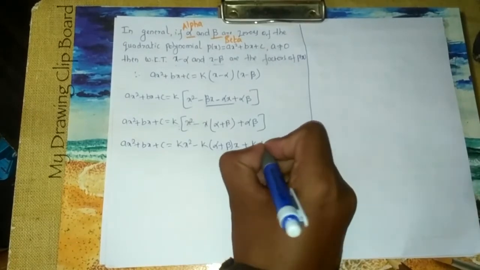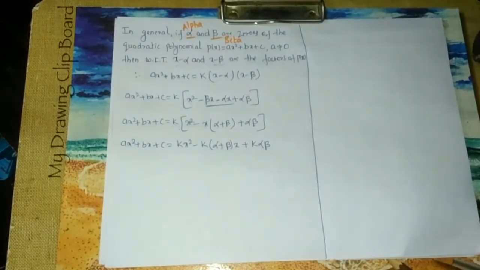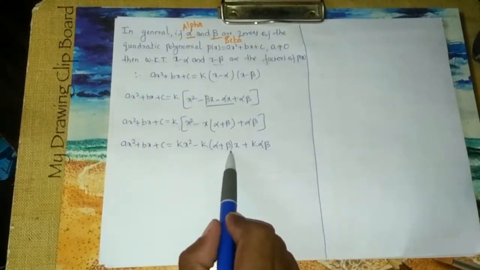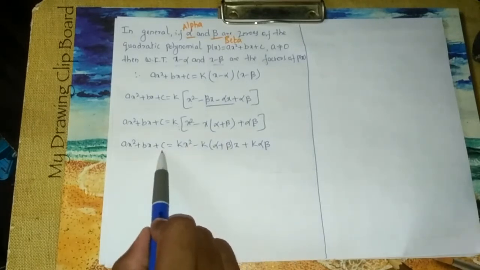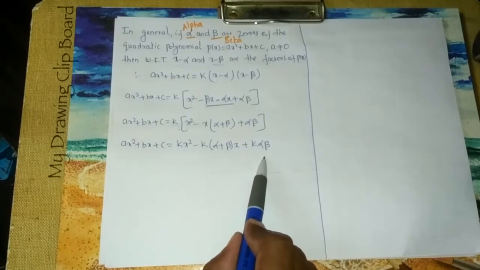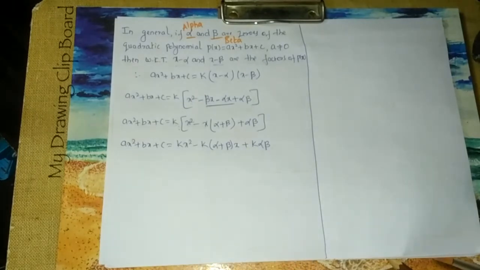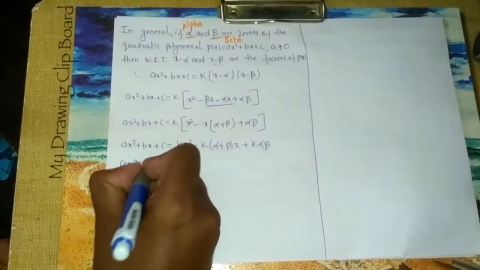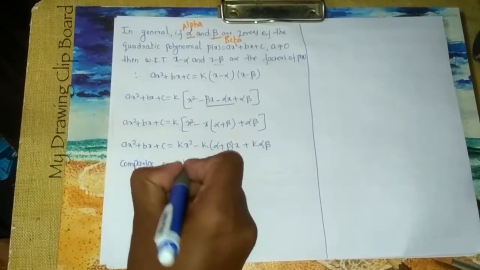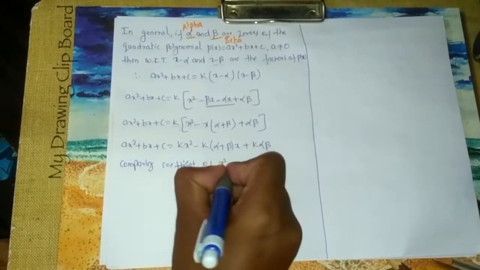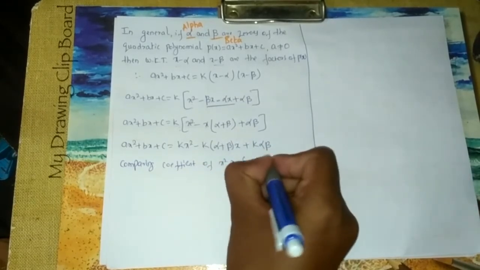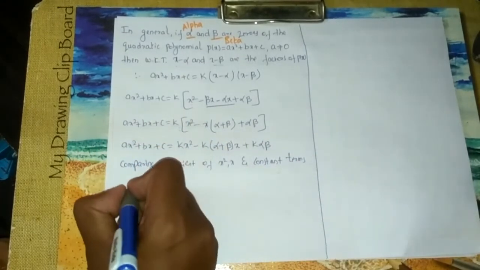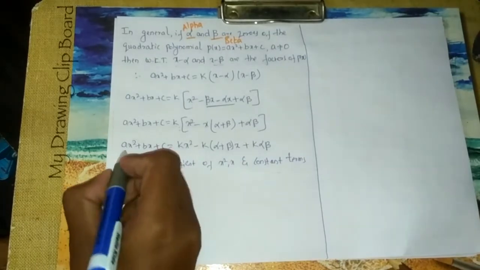Now we will equate the coefficients of x square to the RHS, coefficient of x to the x of RHS, and constant term to RHS. Comparing coefficients of x square, x, and constant terms on both sides, we get a equals k.